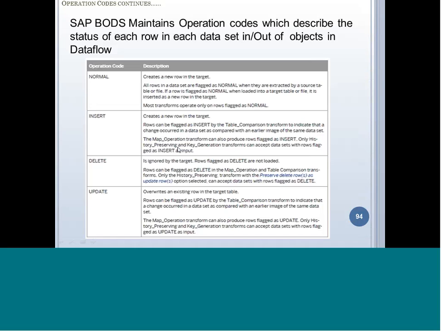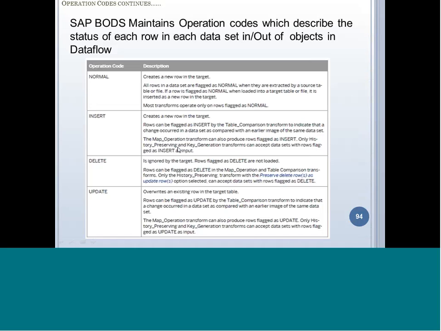Similarly, if we have an update, what will happen? Rows can be flagged as an update by the table comparison. As I mentioned previously, the rows generated by the table comparison are flagged with an update flag. Whenever records are flagged with an update operation code, they will be consumed by the history preserving transformation or else the map operation.